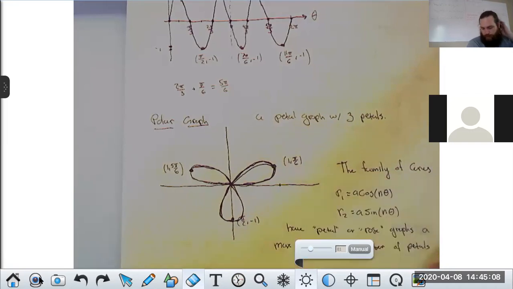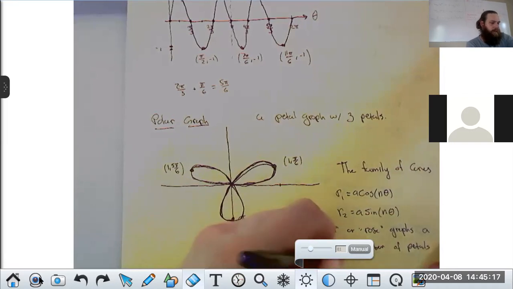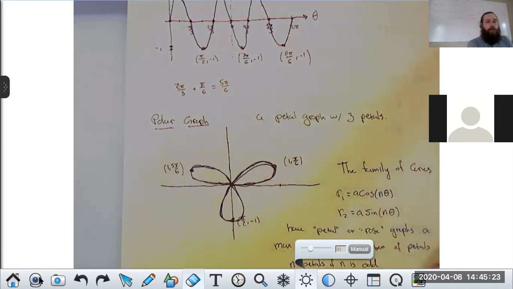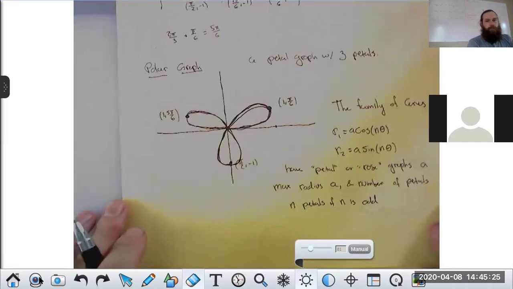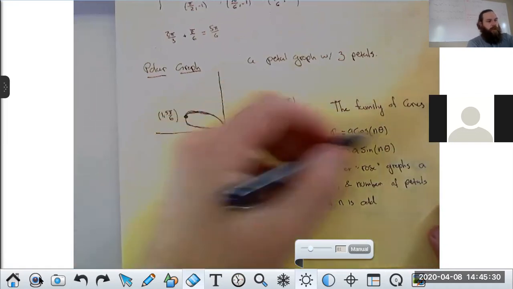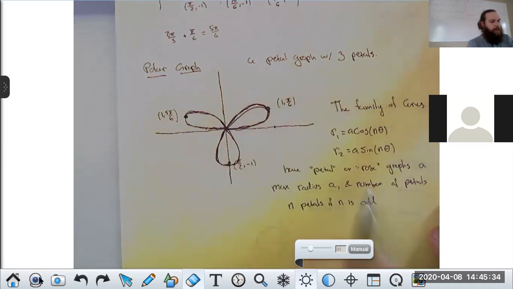If n is odd, then you'll have n petals. So the family of curves A cos n theta or A sine n theta will always be a petal graph.